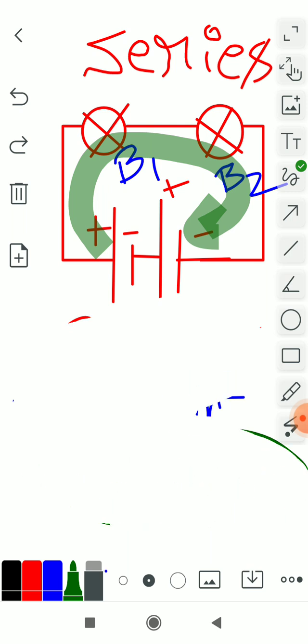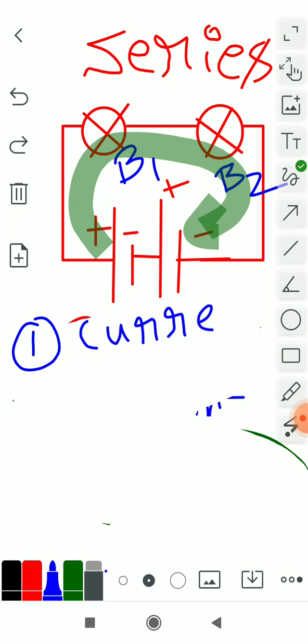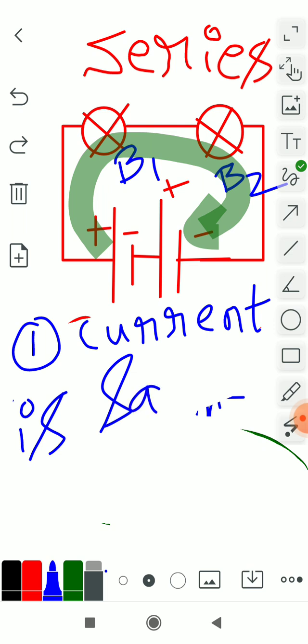So the first thing we get to know if circuits are connected in series: current is the same throughout the circuit.